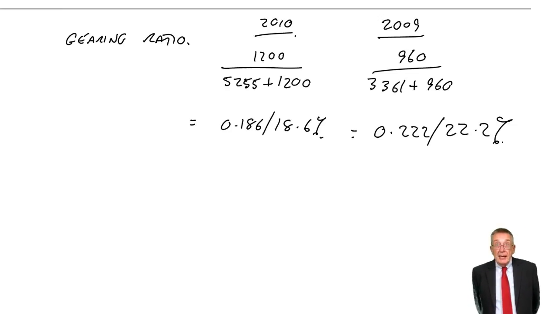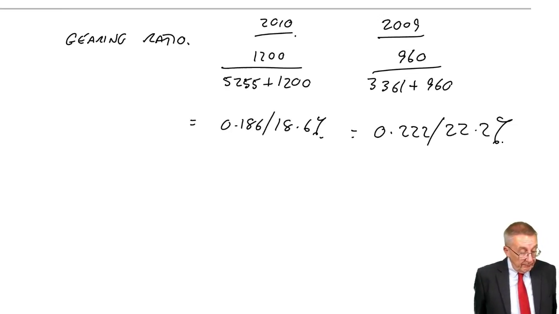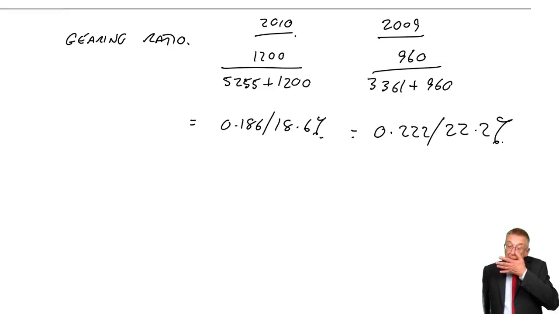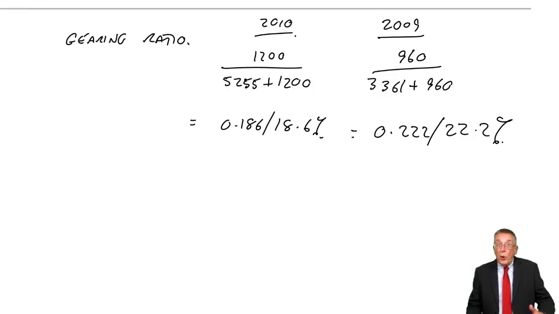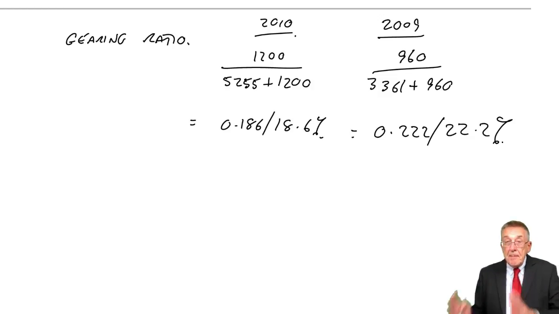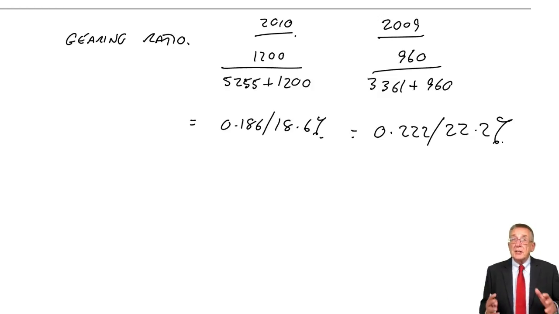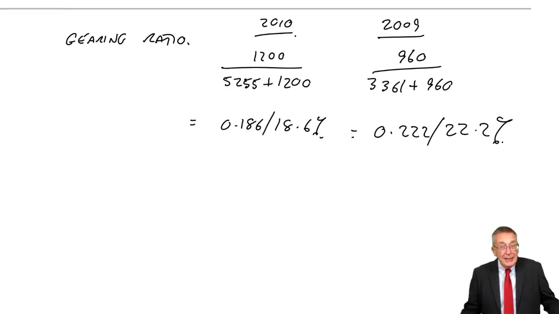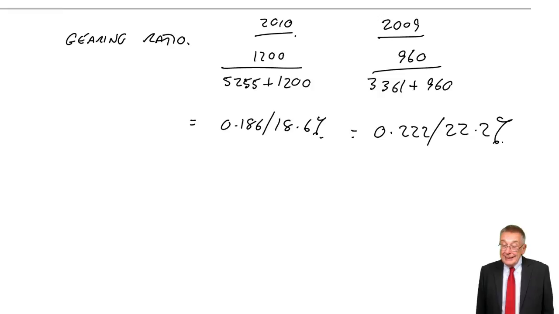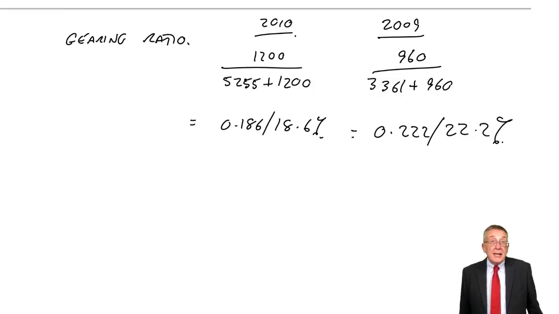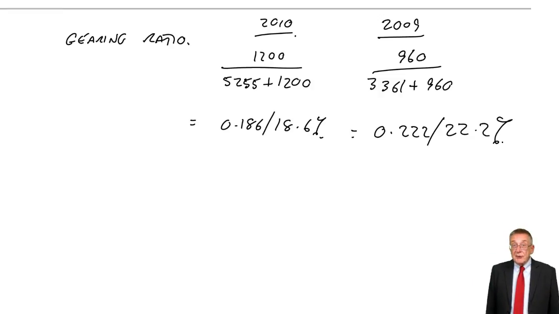Well, think back to the interest cover. Surely, the higher that figure is, the more money is coming from long-term borrowing, and therefore the more interest is payable, and therefore the more risky. Here it's actually fallen. It makes things less risky, but the difference isn't significant.